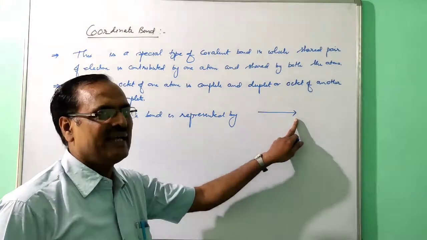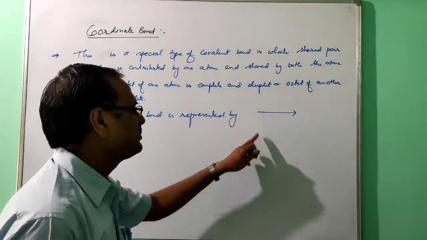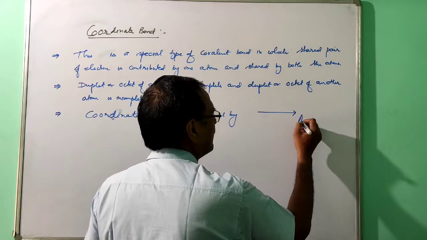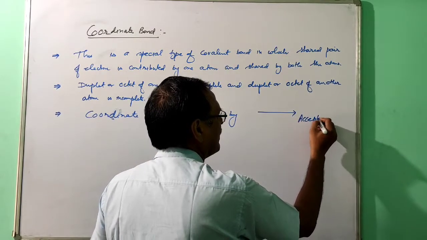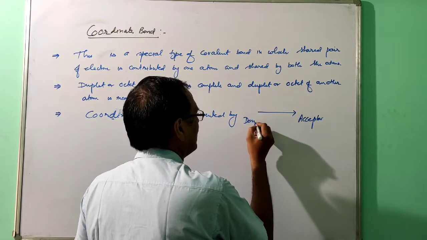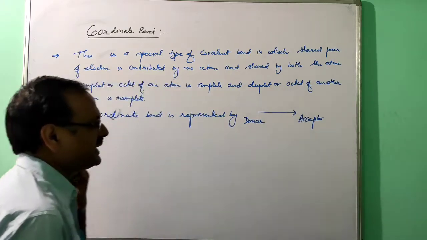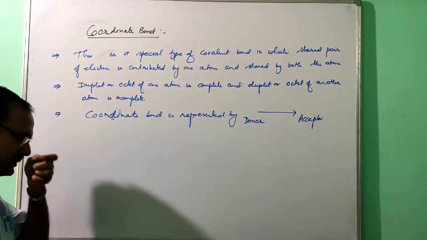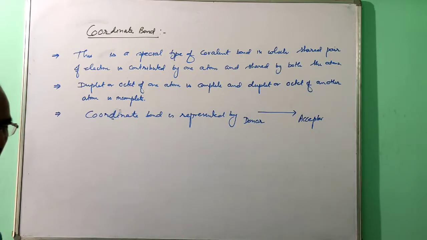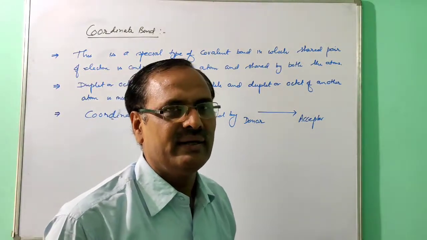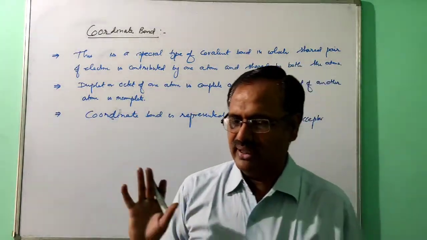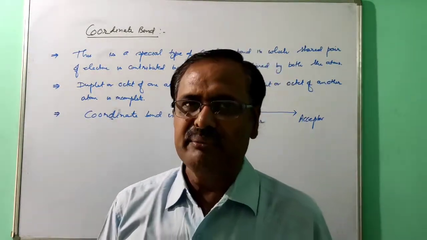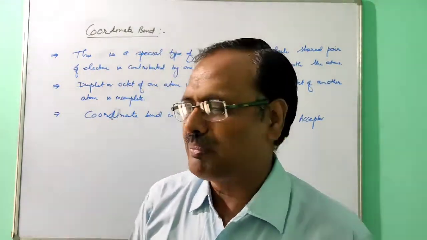The head will be towards the acceptor and the tail will be towards the donor. So, acceptor and donor. Let us take one example. Two examples are given in the syllabus: formation of the ammonium ion and formation of the hydronium ion. Both structures are very important and they are asked in the board paper.